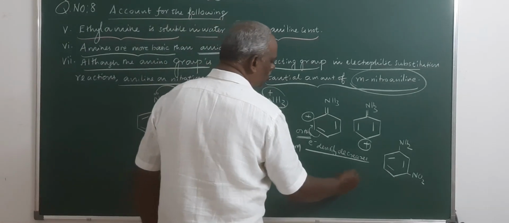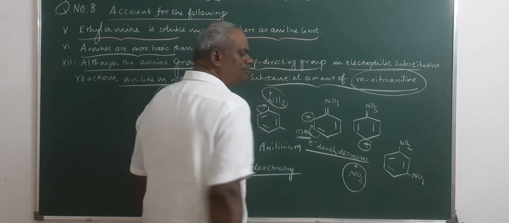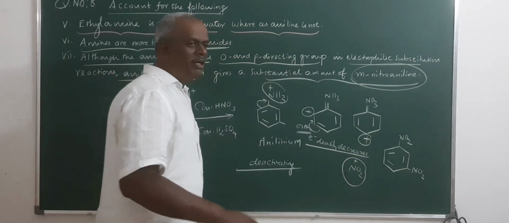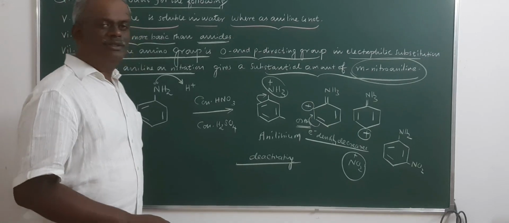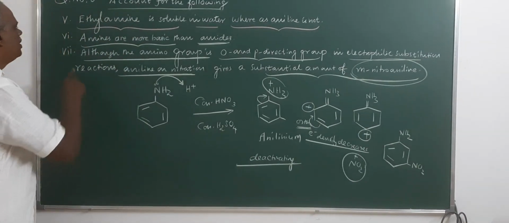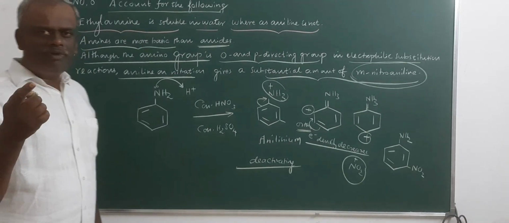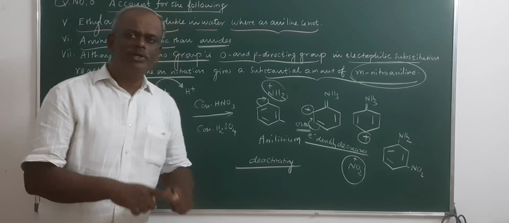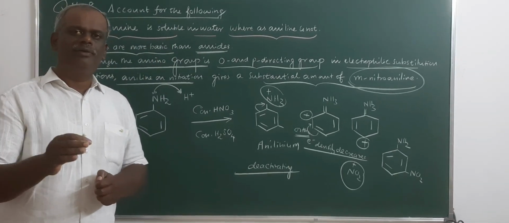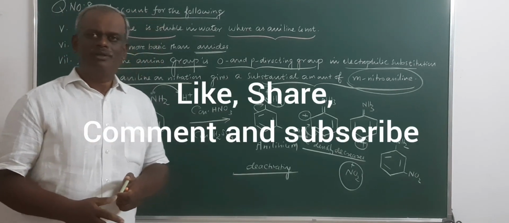So the electrophile like NO2 plus cannot attack this positive charge. The free position is attacked by that, so the meta position is attacked. Is it clear? So these are all the important things given under question number 8. In our subsequent video sessions, we are going to discuss the answers for the other questions which are printed there. Okay. Thanks for watching.